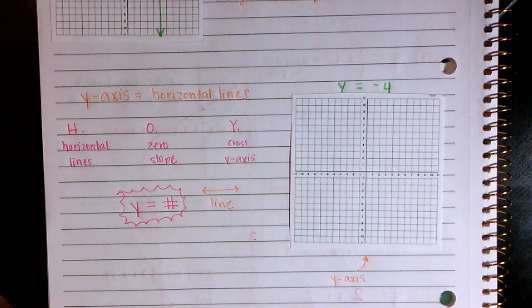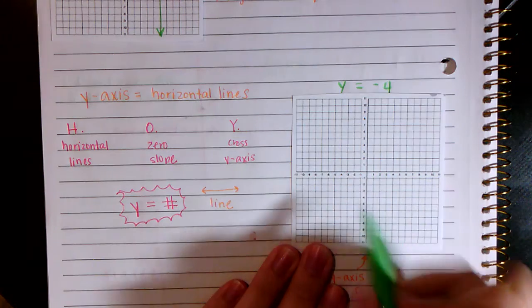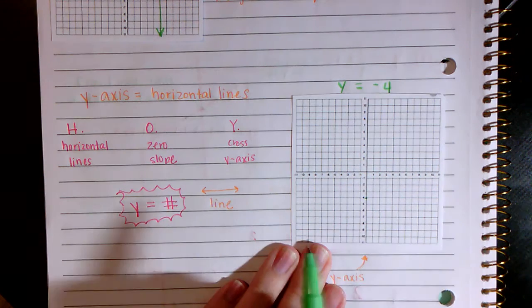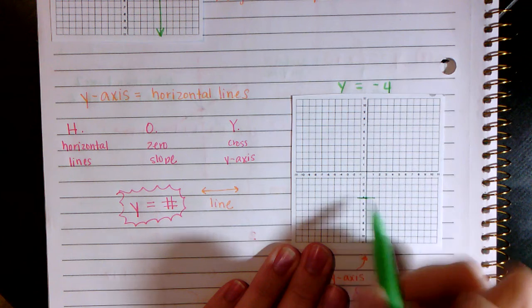So are we going to use HOY or VUX? We're going to use HOY because I see y equals, and I know HOY has a y in it. So HOY stands for horizontal, 0 slope, crosses the y-axis. So I need to go on the y-axis, and I need to go to negative 4, which is right here. Okay, and I need to draw a line that cuts through this negative 4.